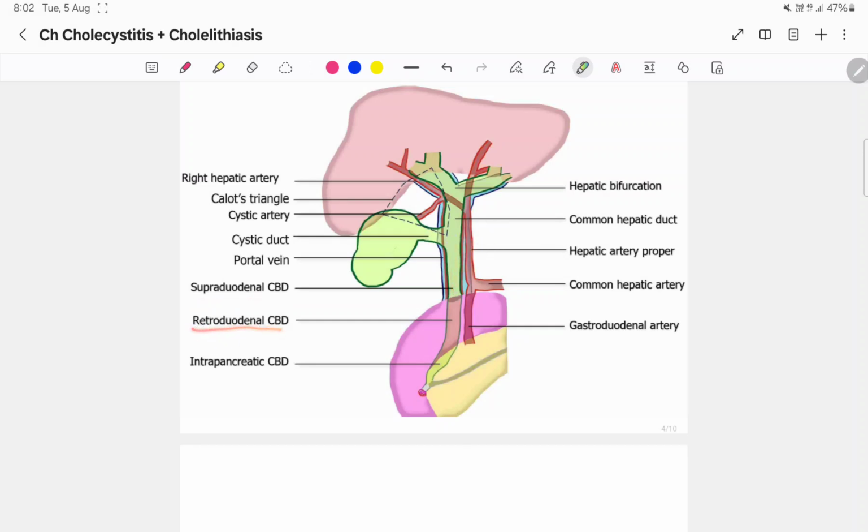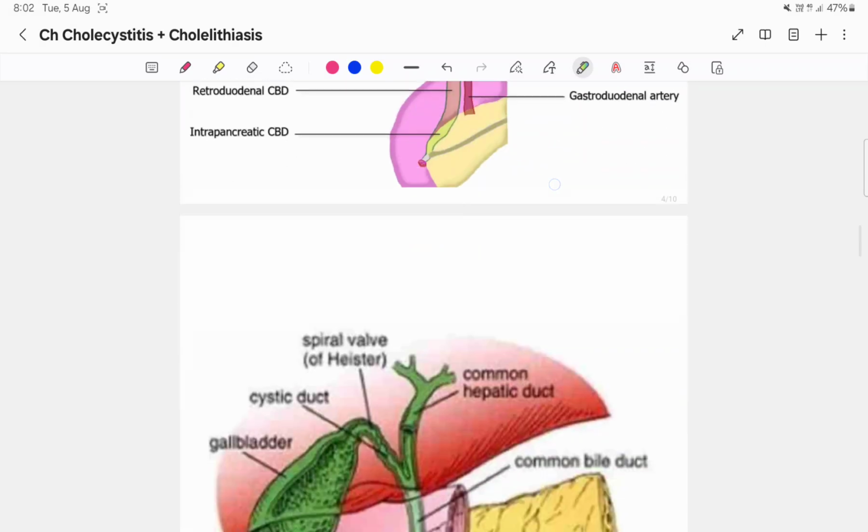One part is present behind the duodenum, known as retroduodenal. One is infraduodenal, present below the duodenum, and one part is intraduodenal, present inside the wall of the duodenum before ultimately joining into the lumen.